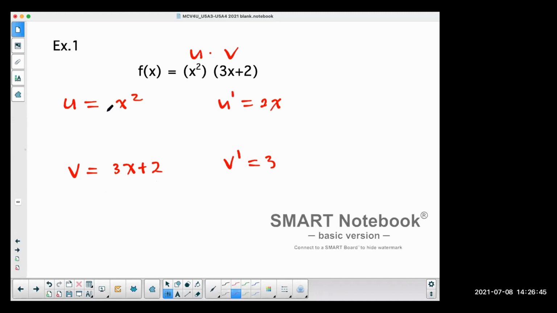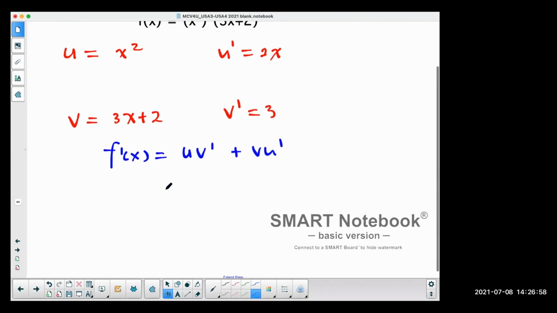Now that I have all 4 pieces, I simply have to fill in the blank. This is supposed to be UV prime plus VU prime, 4 things combined together. So what's U? X squared. What's V prime? 3. What's V? 3x plus 2. What's U prime? 2x.